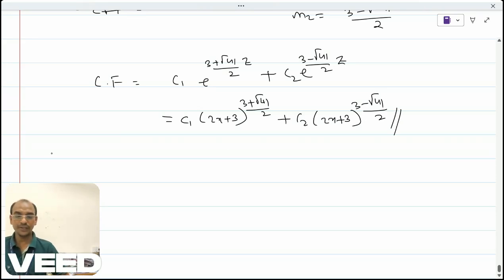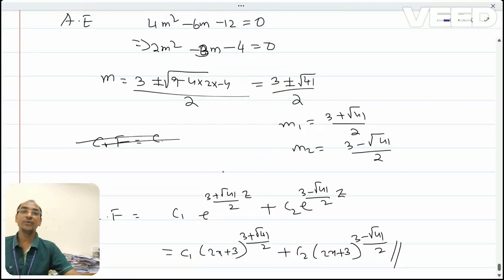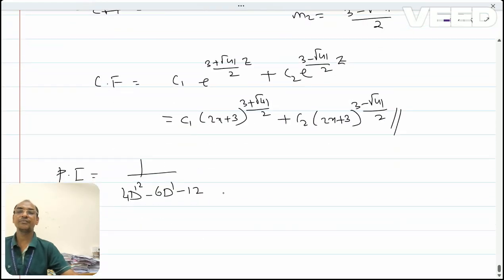Now I will find PI. PI will be 1 by (4D' square minus 6D' minus 12) into 3 e to the power z minus 9.